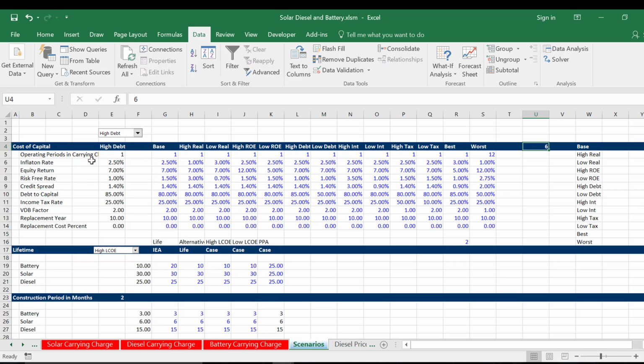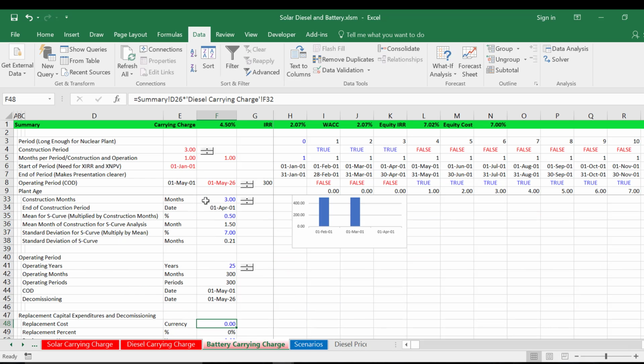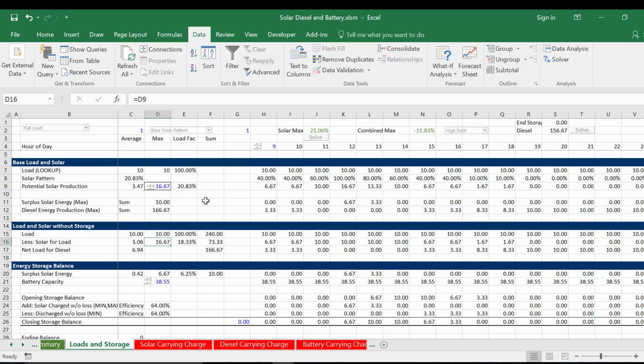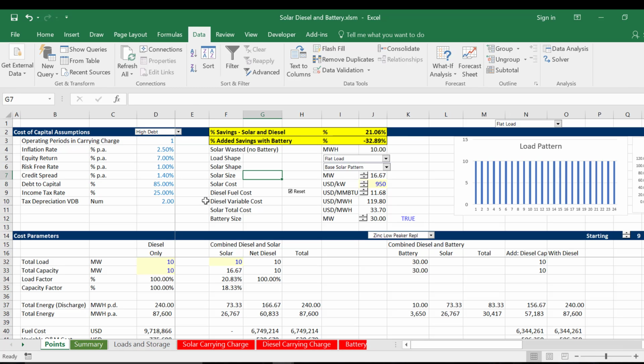So all I'm doing is putting all of these different potential carrying charges, inflation rates, equity returns, debt returns, debt interest rates, and all of that, and these numbers come from that scenario. That's where you can see they come from.